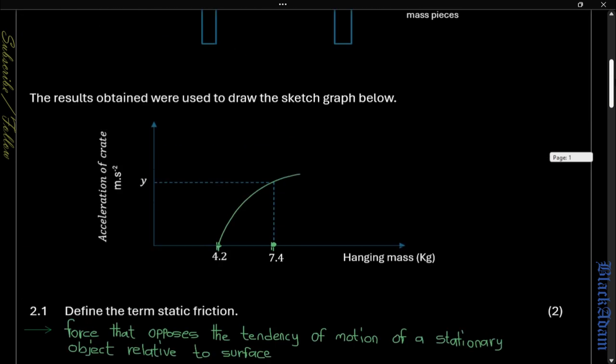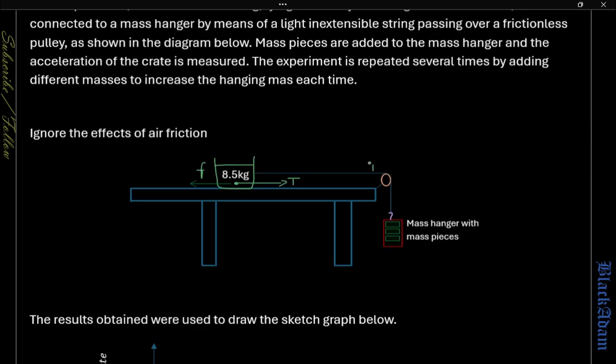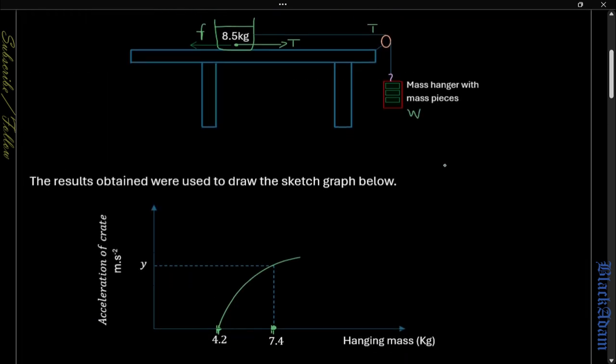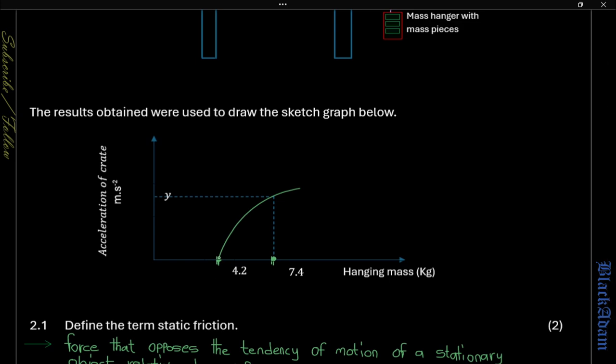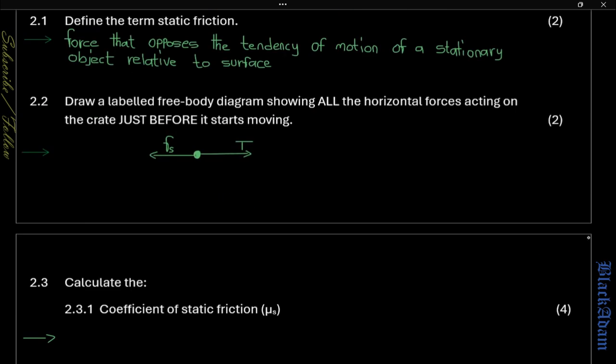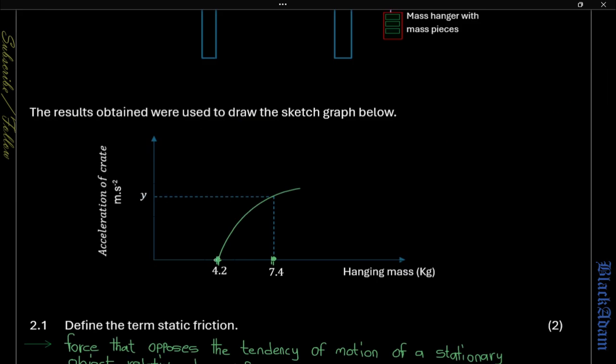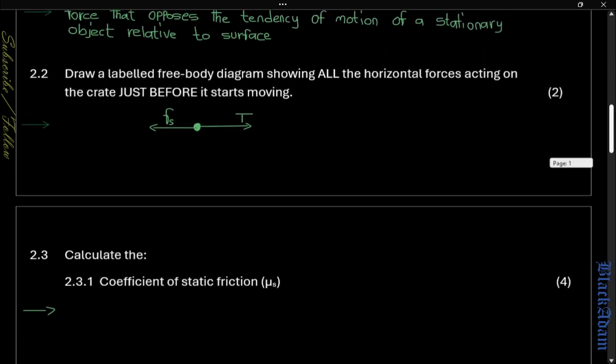For the coefficient, we look at the tension T and the weight, and we have acceleration, which is 0 at the point of origin. Then we look at the information at 4.2.